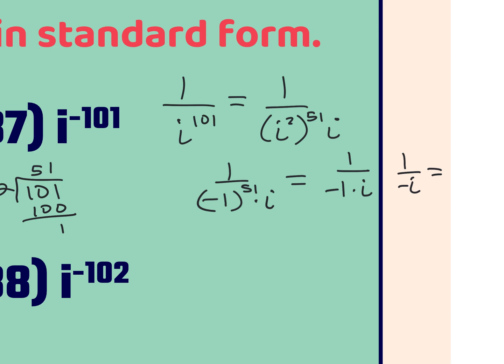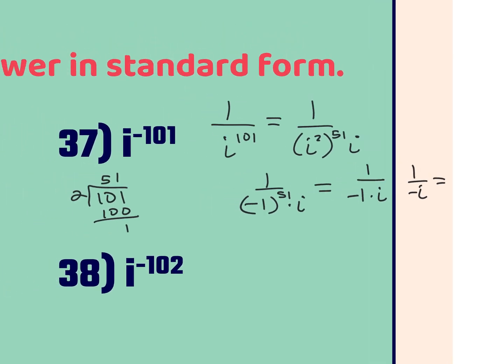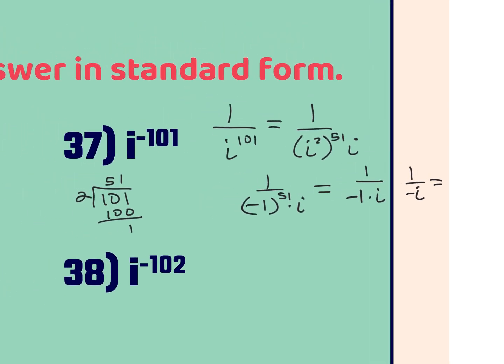Oh wait, we got to rationalize, sorry. And actually, I messed up on this multiplication. This should have been to the 50th power. Let me go back. This is to the 50th. It's an even exponent.